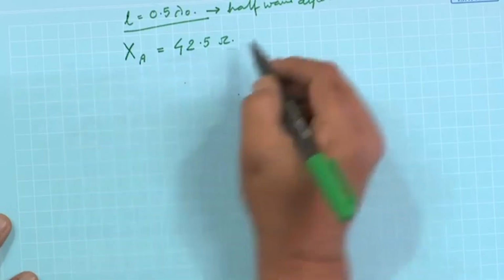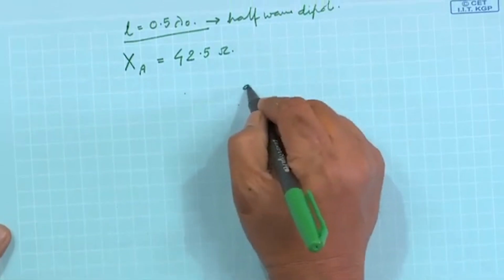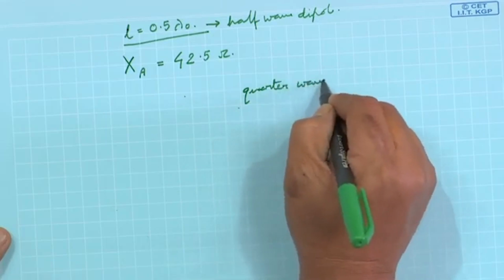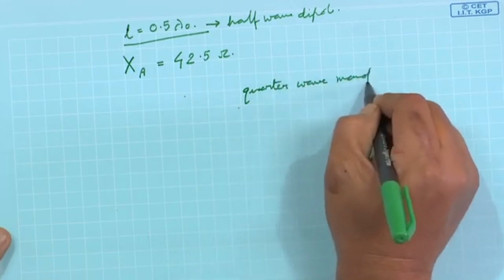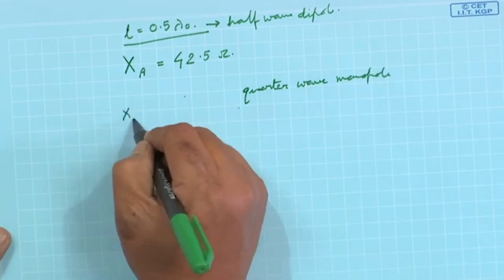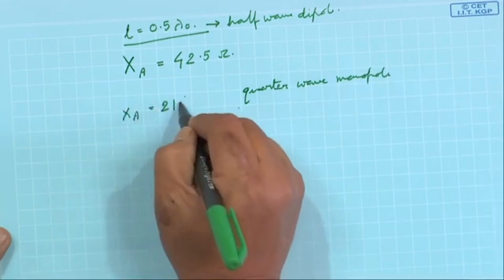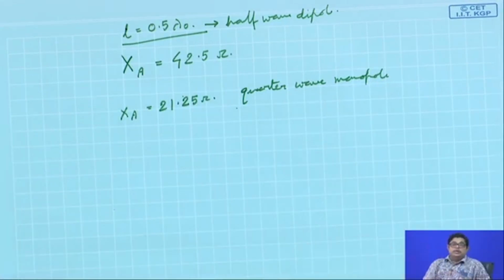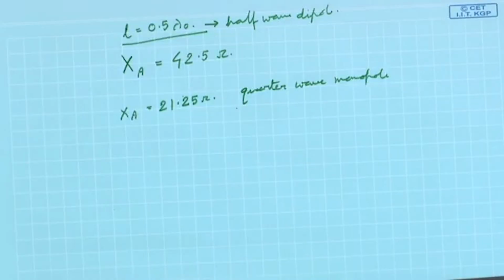And if we have a quarter wave monopole, the X_A is half of this, 21.25 ohm. Obvious, because in a quarter wave monopole you have only one pole, so your loss is half of the previous one.